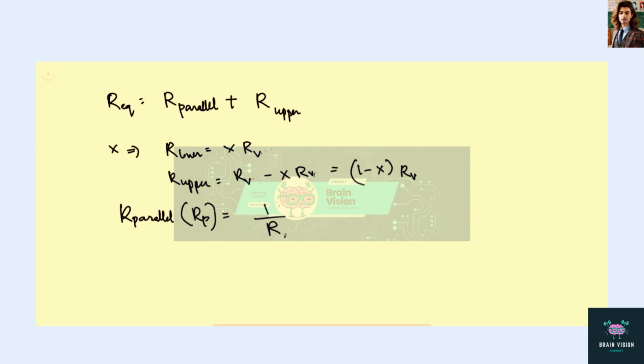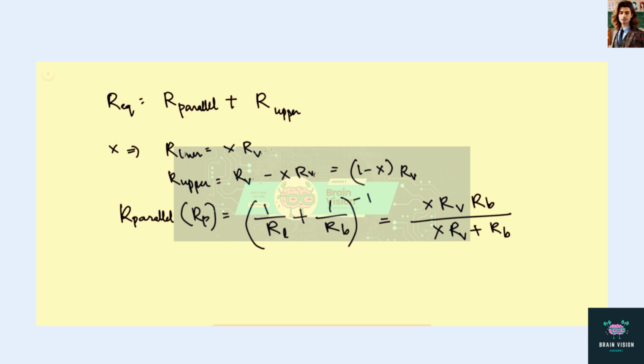So we have 1 over R lower plus 1 over R of bulb, and we take the inverse. We plug this value of R lower, and after all simplification, we get X R_V times R_B over X R_V plus R_B.